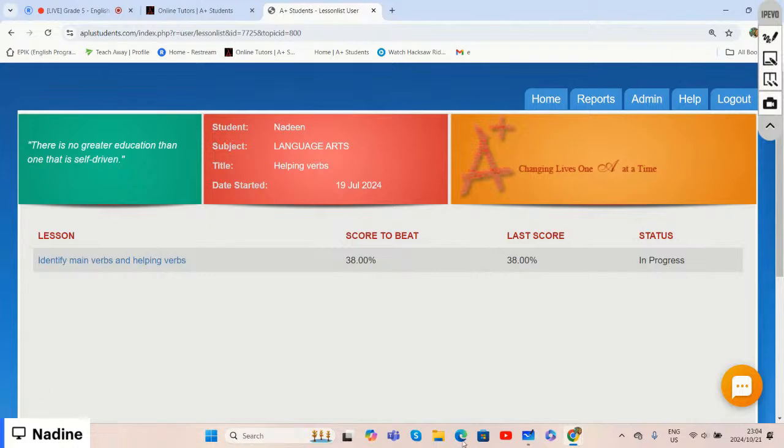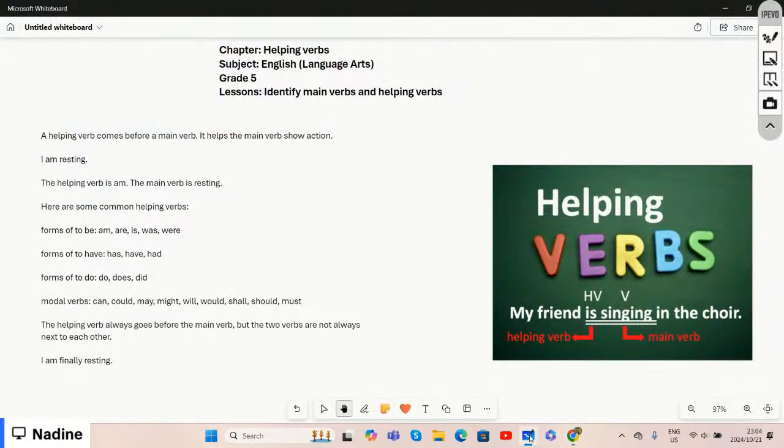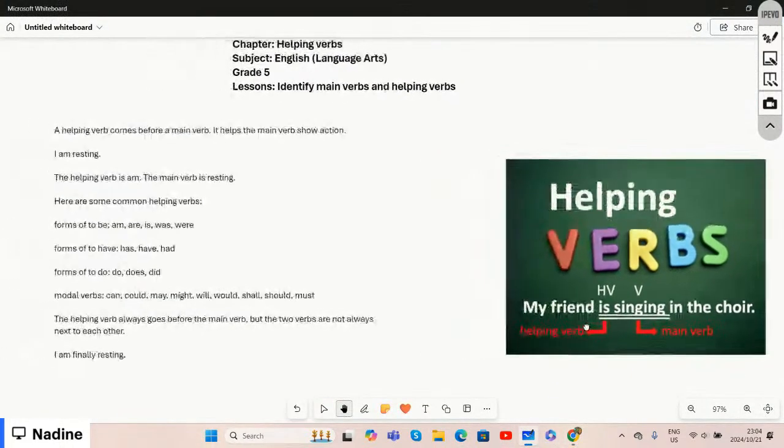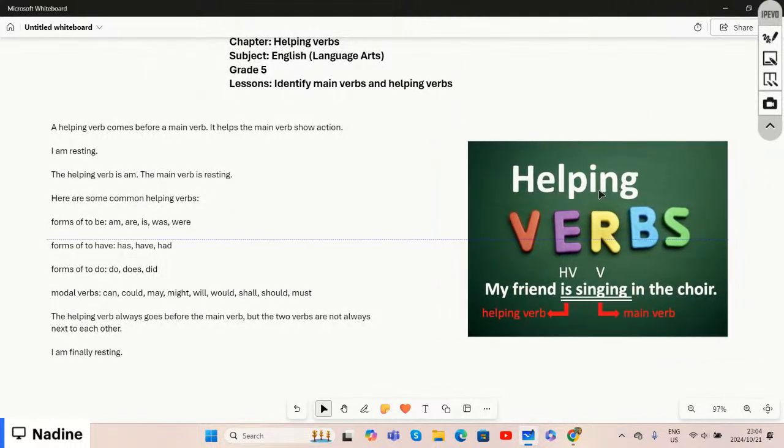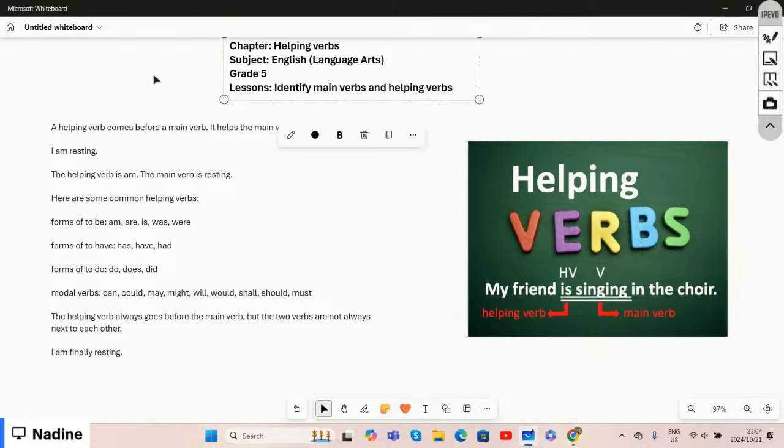All right. So our chapter is helping verbs. Our subject is English language arts. We're doing grade 5.